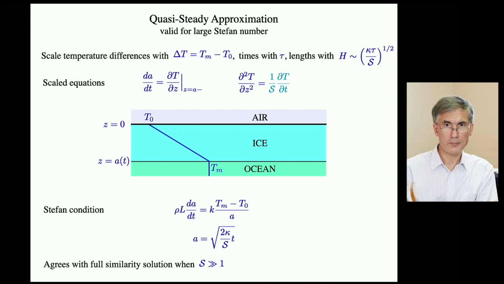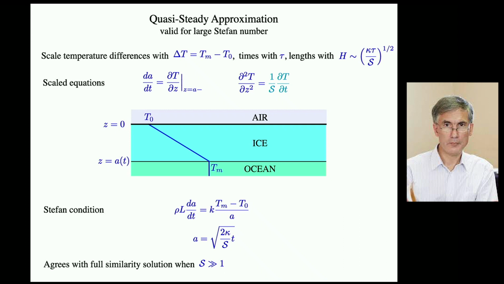And on the right-hand side, I have a constant which integrates to t. So take square roots of both sides, and I find this nice result that a goes like the square root of kappa t over s. And actually, this agrees very nicely with that Neumann solution with error functions when s is large. So this is a very convenient approximation in these circumstances.